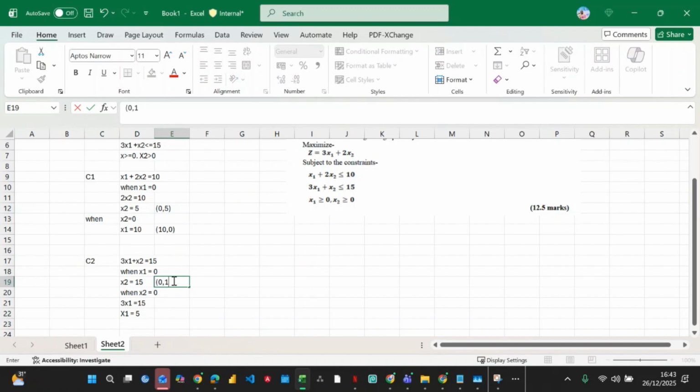So in this one here, when x2 is equals to 0, x1 is 5, then we now have 0 like this.